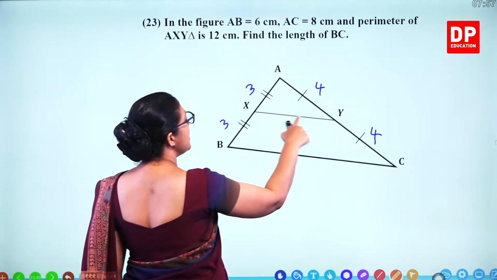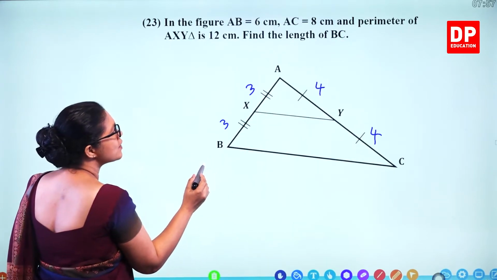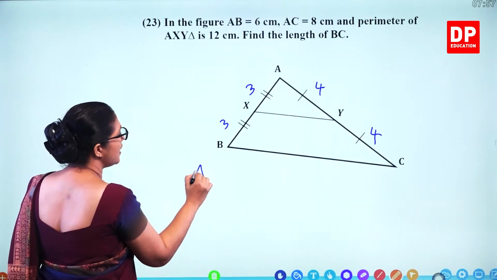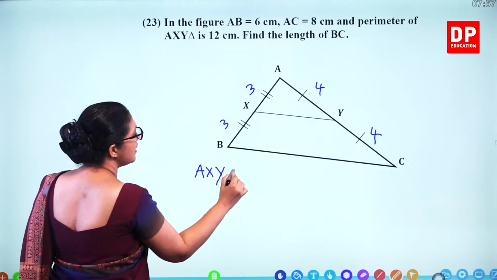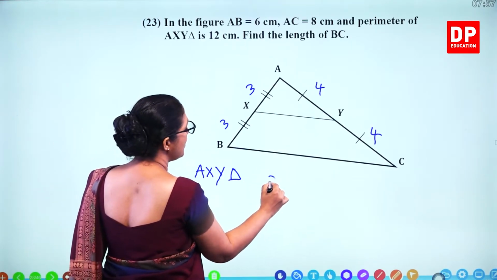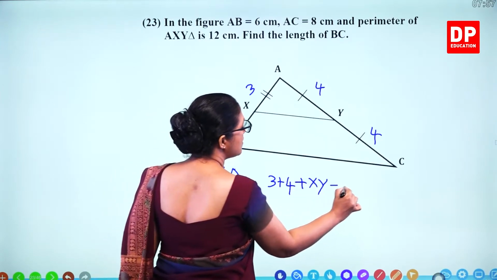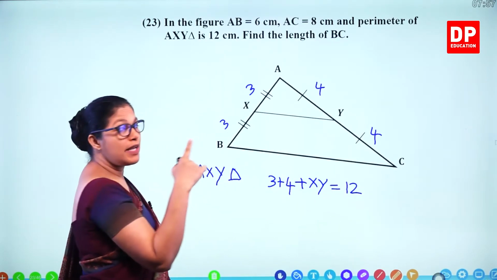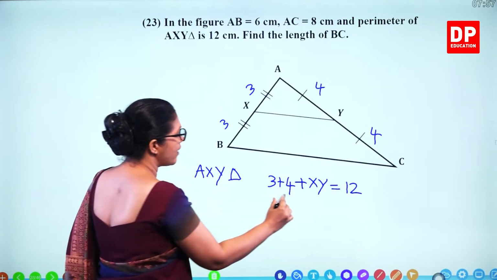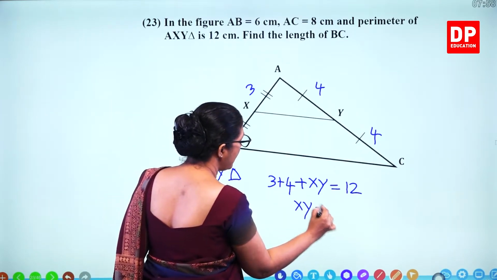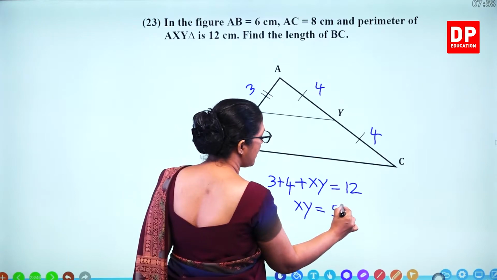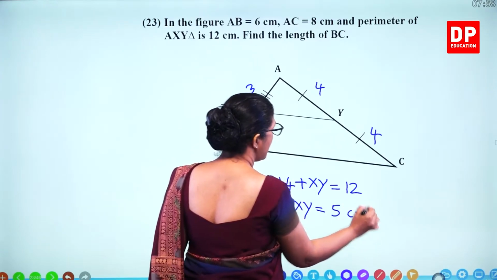So that means, what's the XY length? Triangle AXY, so 3 plus 4 plus XY is 12. The perimeter is given. So XY becomes 12 minus 7, that's 5 centimeters.